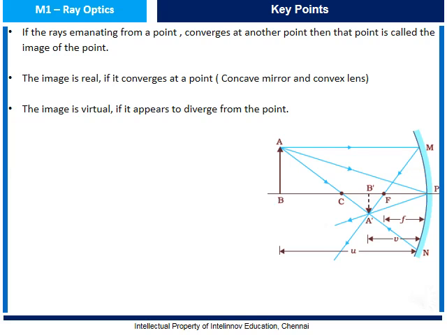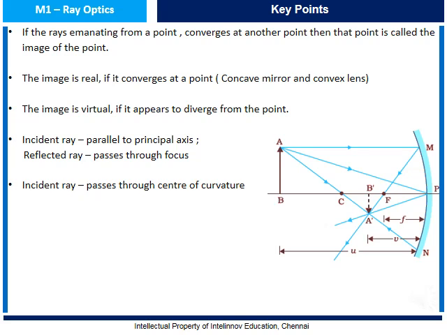If the incident ray is parallel to the principal axis, the reflected ray will pass through the focus. If the incident ray passes through the center of curvature, the reflected ray retraces the same path. This can be understood from the line ACN. Here AC is the incident ray, whereas NC is the reflected ray.